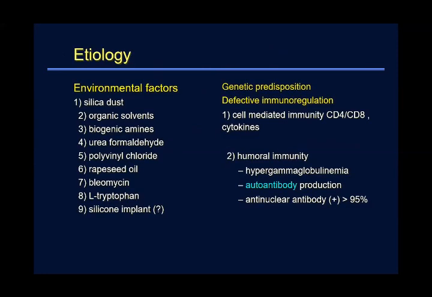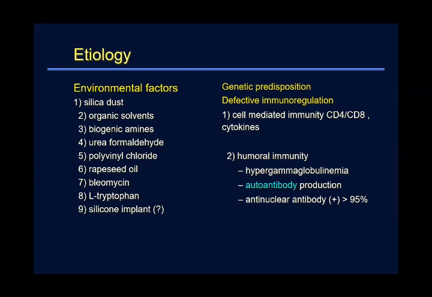Okay, so what are the factors which can lead a patient to have scleroderma? There are different factors involved. If you look at professional risks, like silica dust in a patient with interstitial lung disease, once you are exposed to silica dust, it can lead to diffuse pulmonary fibrosis, and it can be one of the factors for scleroderma.